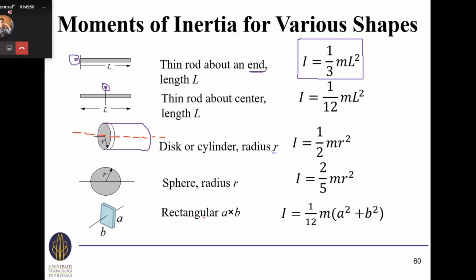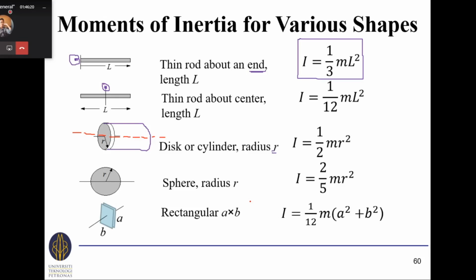And if you rotate something in the shape of a rectangle, you will also have a different formula to find the moment of inertia. So it is depending on the shape itself. Different shapes will have different moment of inertia when rotating.